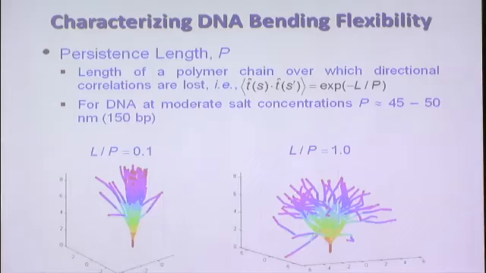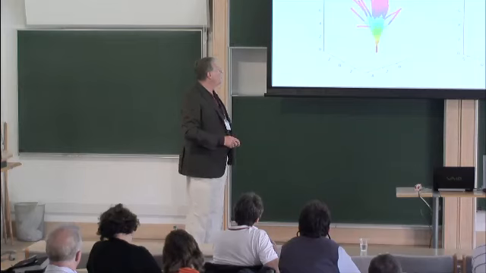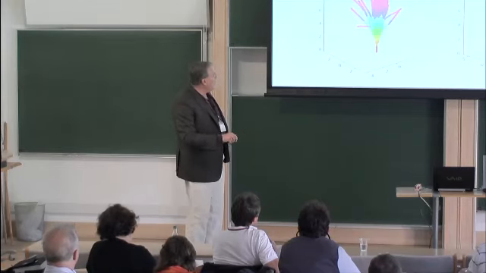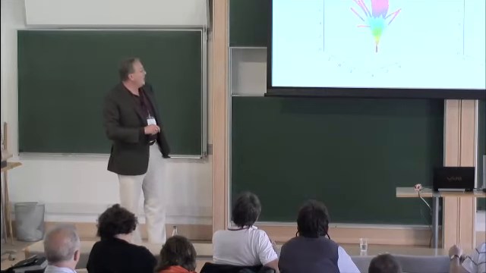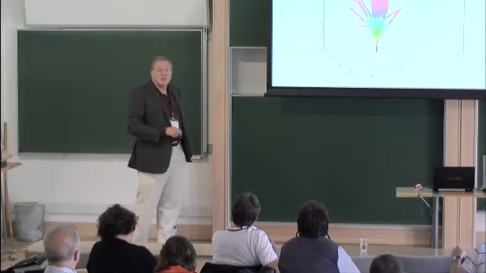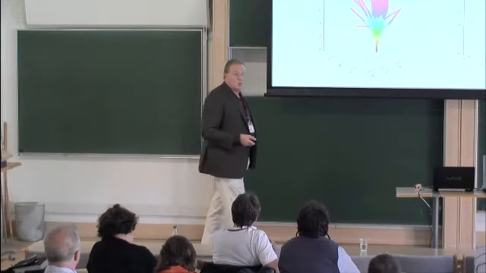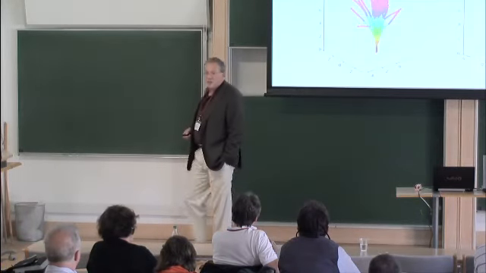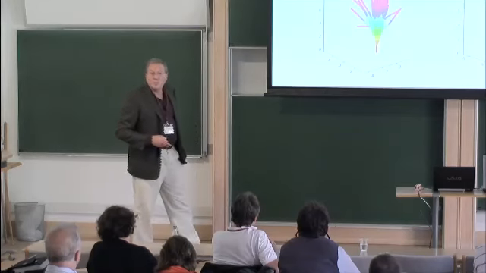So these so-called bouquet plots, which Wilma Olson and others have published over the years, actually give, I think, a much more convincing or much more accurate picture of the extent of DNA flexibility than simply the persistence length alone. If you ask most molecular biologists what the persistence length means, they'll say it's the length scale over which DNA behaves as a rigid rod. Clearly, that's not true.